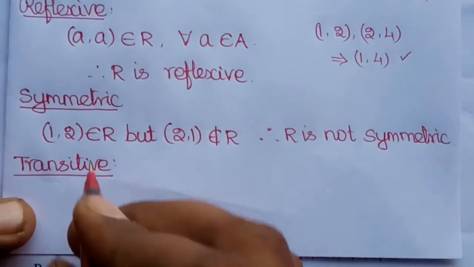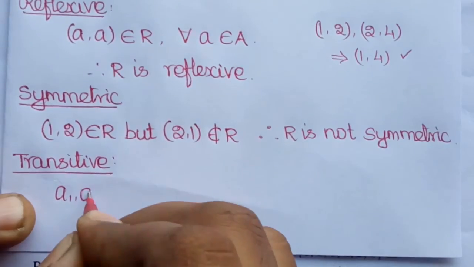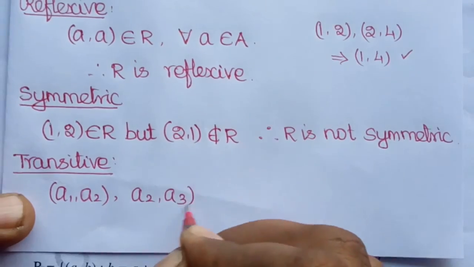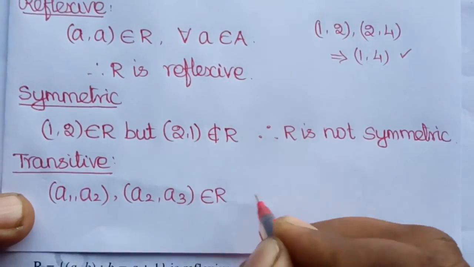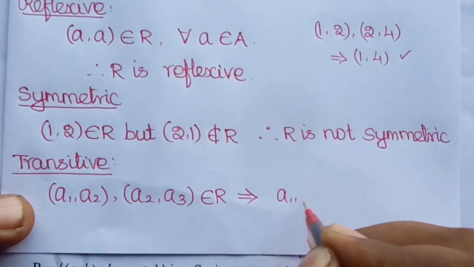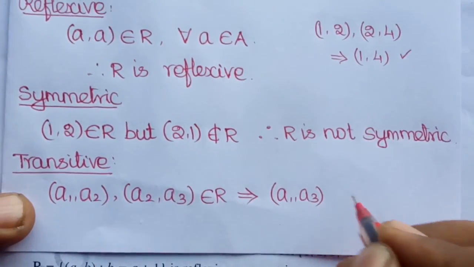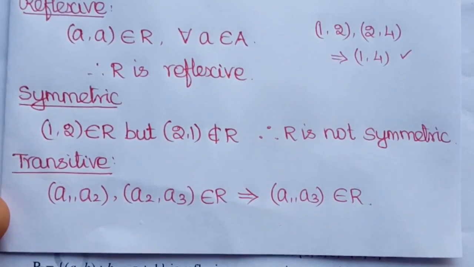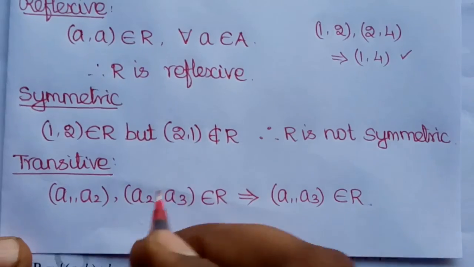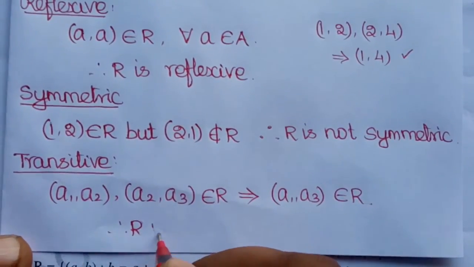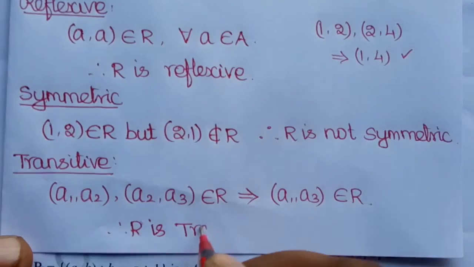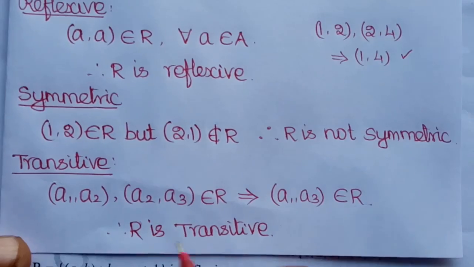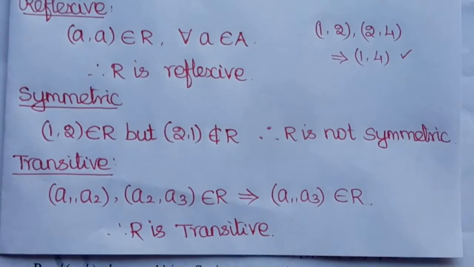Here, (a1, a2) belongs to R and (a2, a3) belongs to R implies (a1, a3) also belongs to R. For all the elements we check, all satisfy this condition. Therefore the relation R is transitive. So this is our third question.